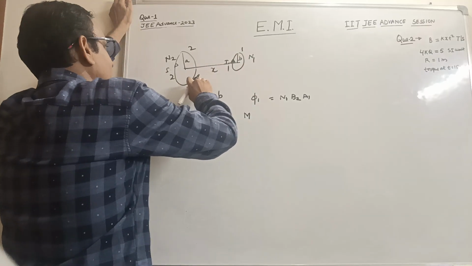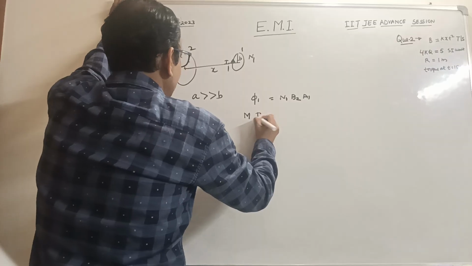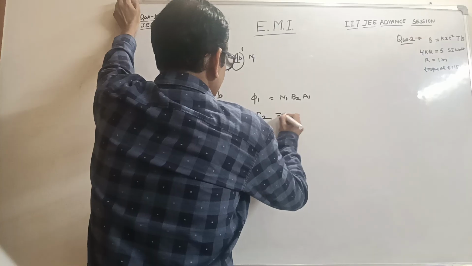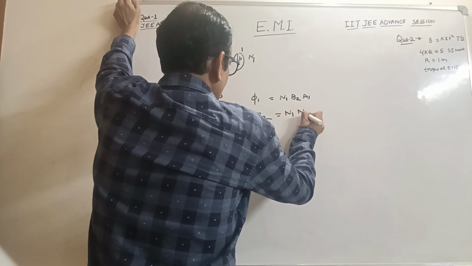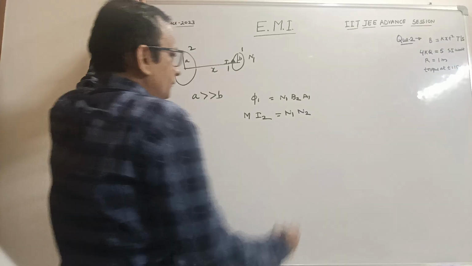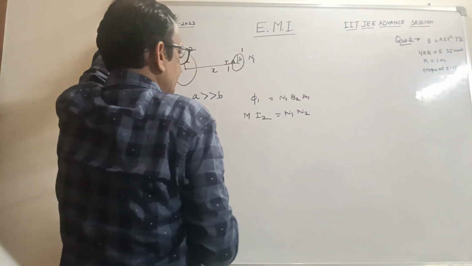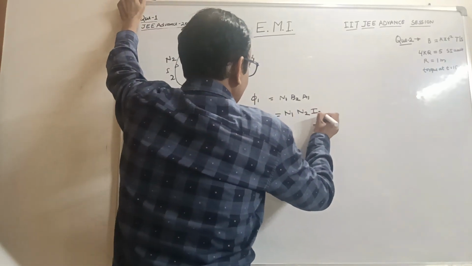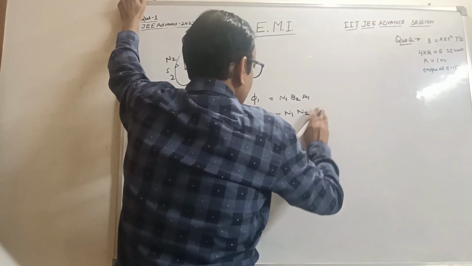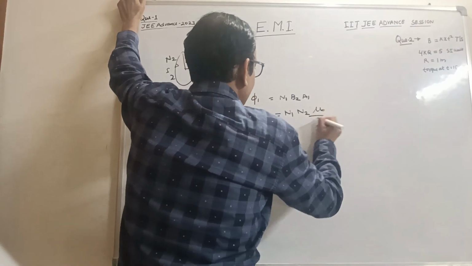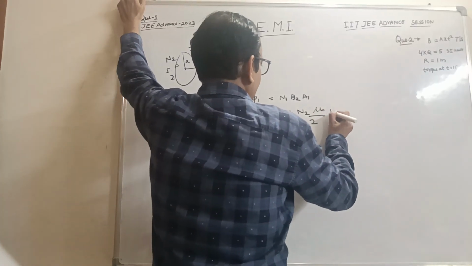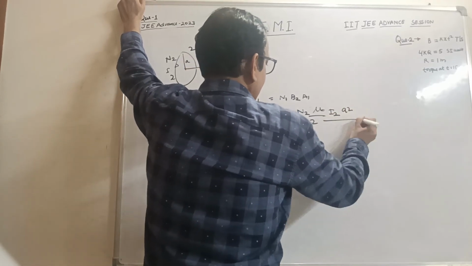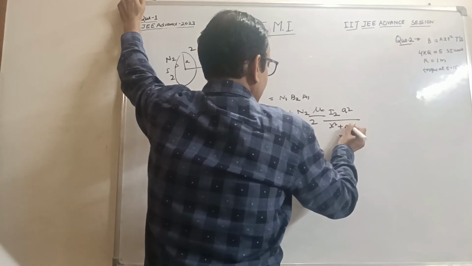So the mutual inductance M12 would be N1 N2, and the magnetic field B2 due to the current I2 is mu naught by 2, I2 into a square upon x square plus a square raised to power 3 by 2.